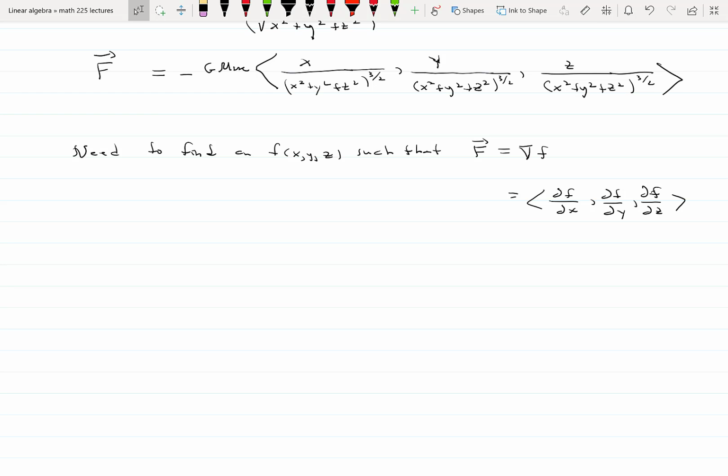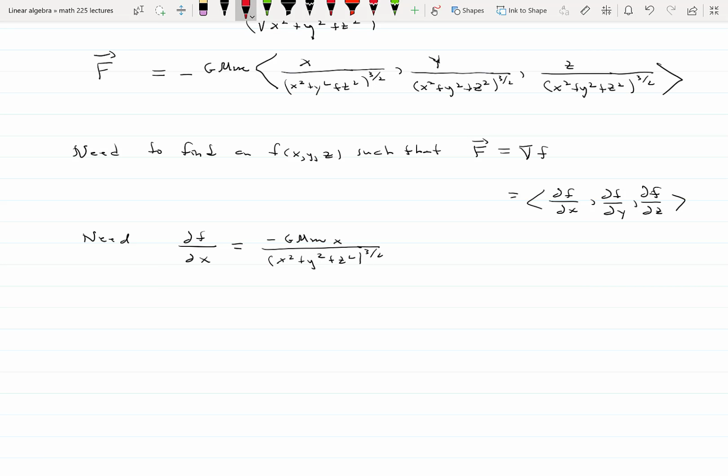So the partial of f with respect to x must equal negative G big M small m x over x squared plus y squared plus z squared to the 3/2.